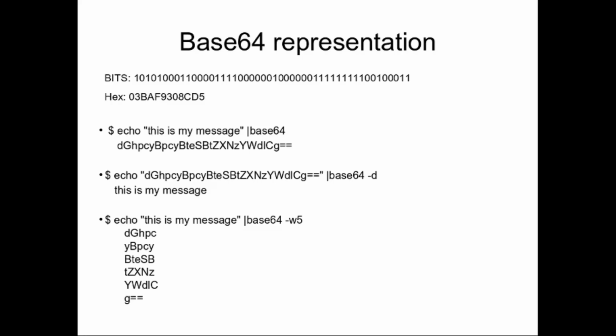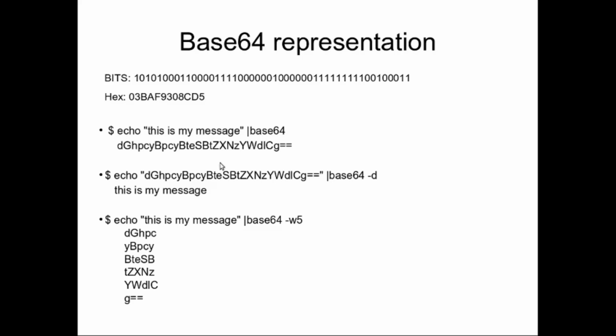There is a base 64 representation where we convert everything to printable format. There could be some bytes which are not printable, but we take chunks of the series of bits and make printable chunks, and then keep on printing.